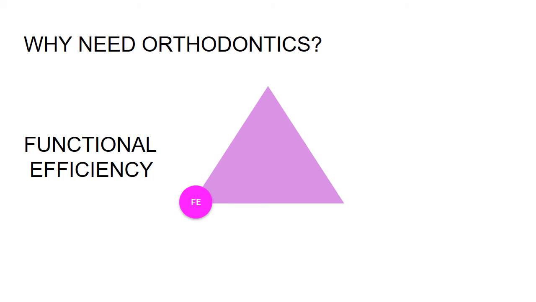Second is function. The stomatognathic system has multiple functions. The most important are the ability to chew food and speech. If a person has a mild to moderate amount of malocclusion, his ability to chew food is not affected and even speech as such is not affected.